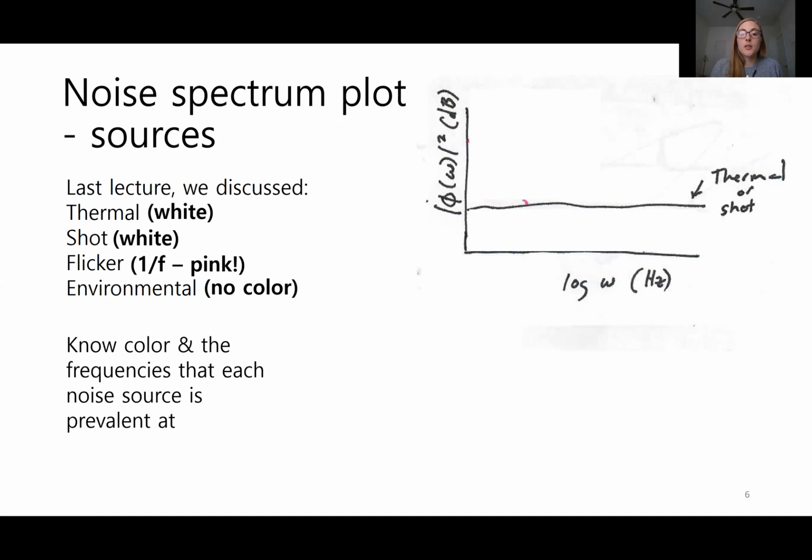With the flicker noise, do you remember which frequency range it was prevalent in? Under 100 hertz. So we would draw this with the 1 over F behavior, but only prevalent under 100 hertz.